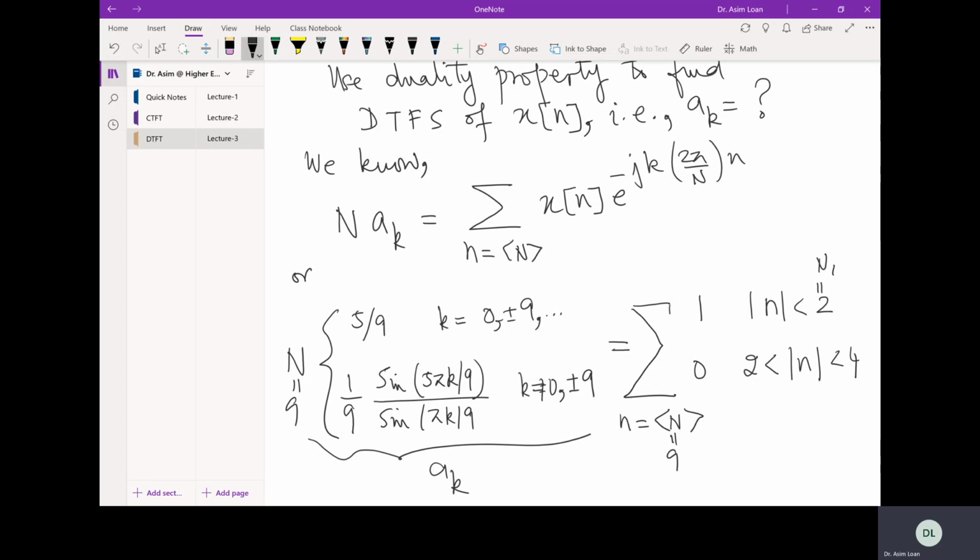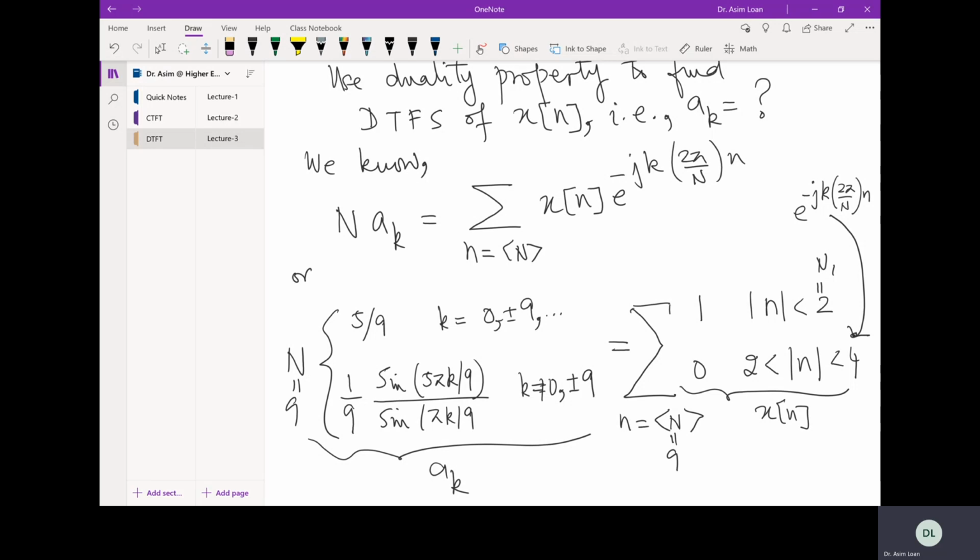And with this thing, this is x of n. And with this one, we have this term multiplied, which is e to the minus j k 2 pi by n into n, or it's e to the plus, sorry, because this is ak. If this is xn, n times ak, this is e to the minus.